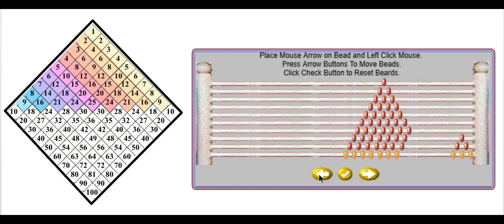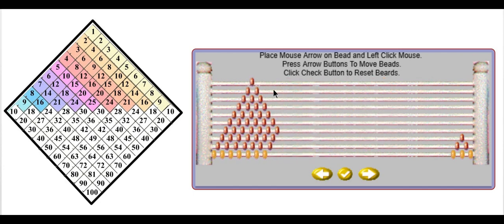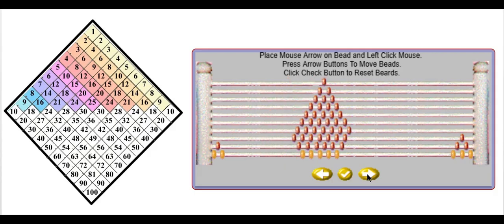And push that group over against the left post. And I'll count down 8. 1, 2, 3, 4, 5, 6, 7, 8. And push those to the middle.